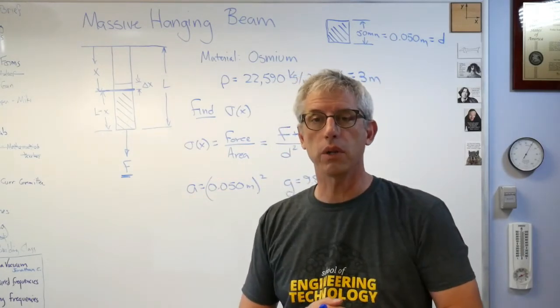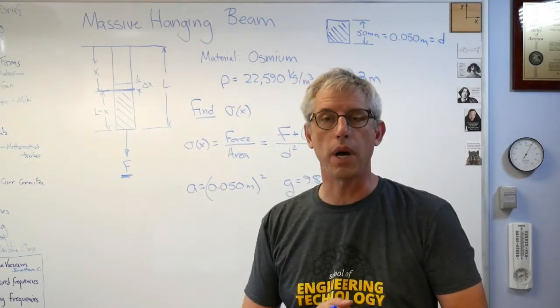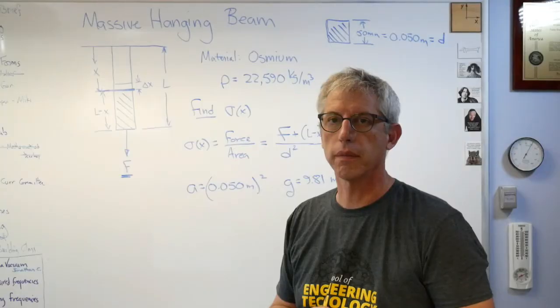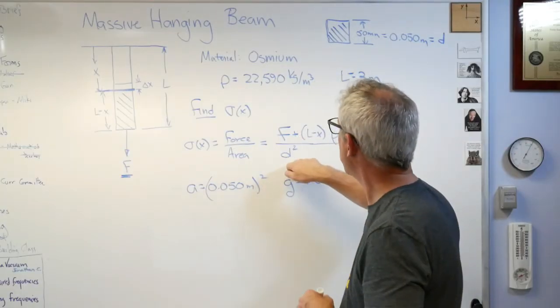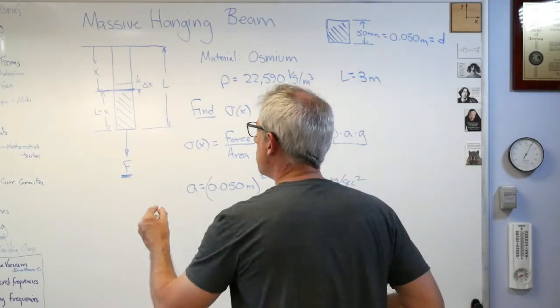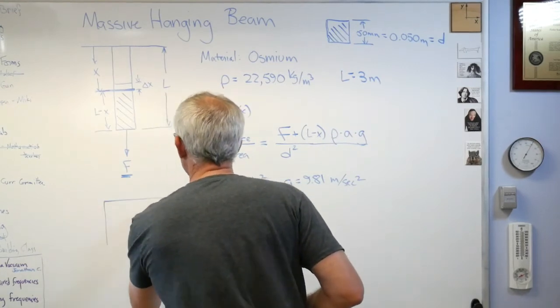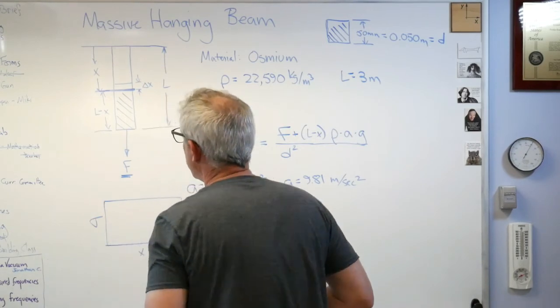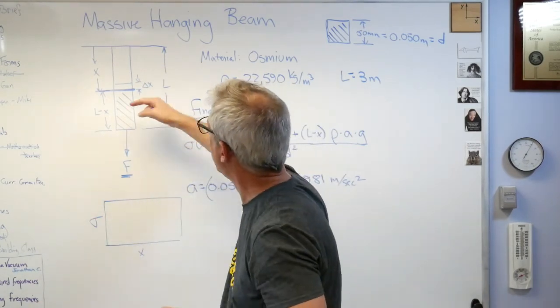So here's what it looks like, and here it is including the plot. Now you know what the calculation looks like, and you know that the plot is going to look kind of like this. If that's x and that's stress, it makes sense that the stress is highest up here.